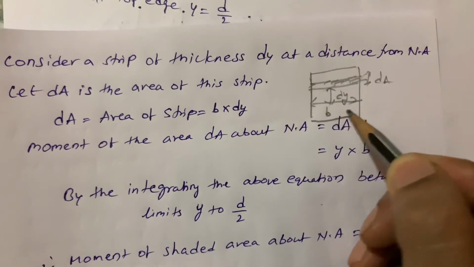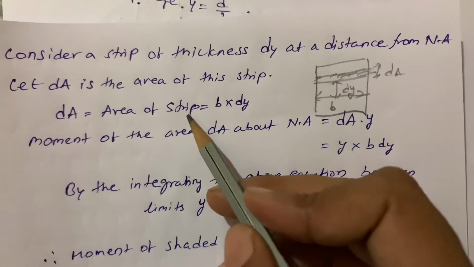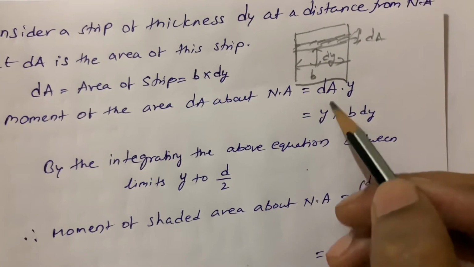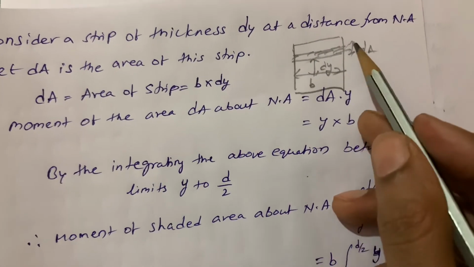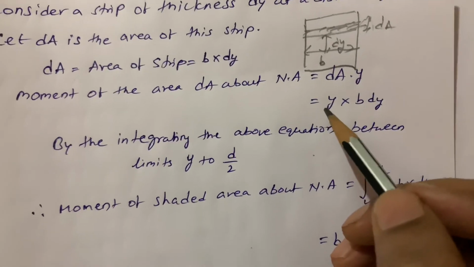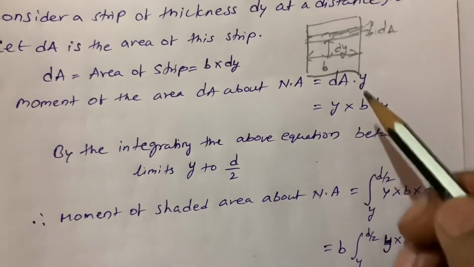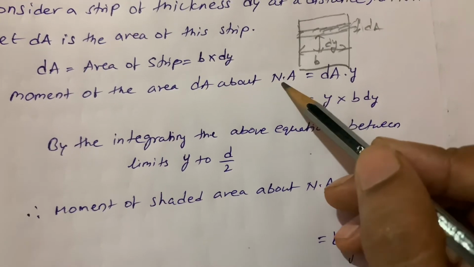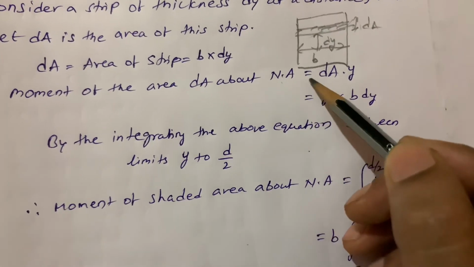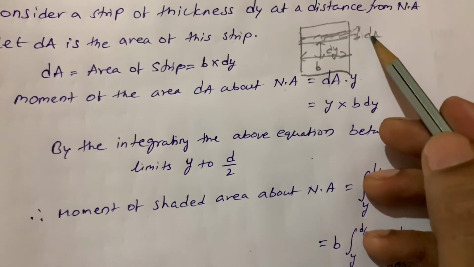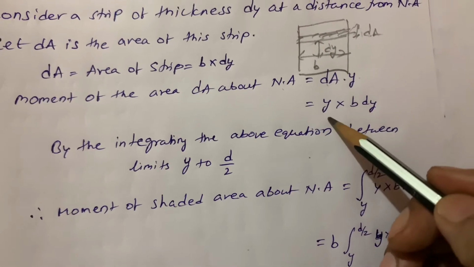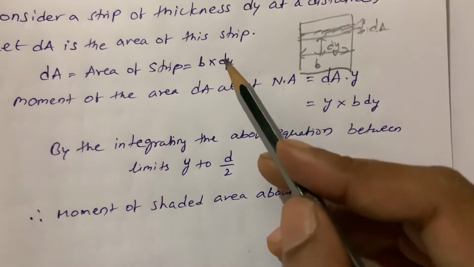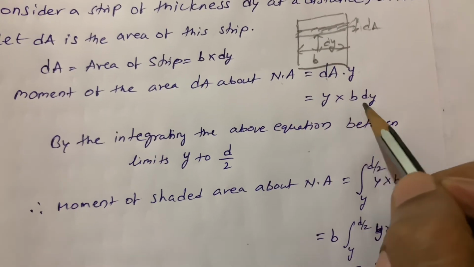So dA, the area of the strip, equals length into breadth, nothing but b into dy. The moment of area dA about the neutral axis equals dA into y, so y into b into dy.